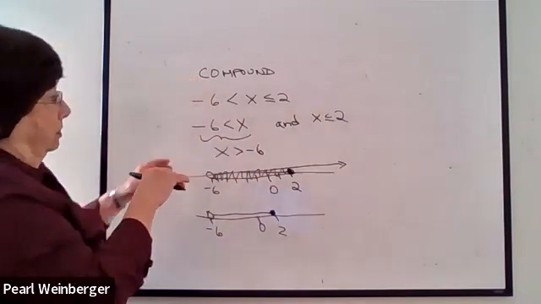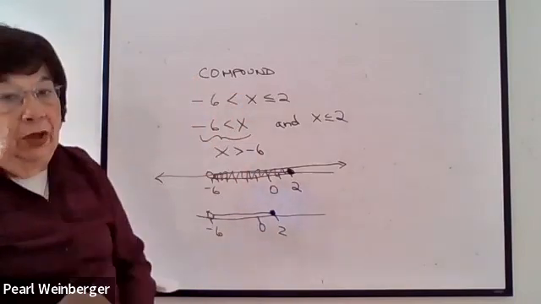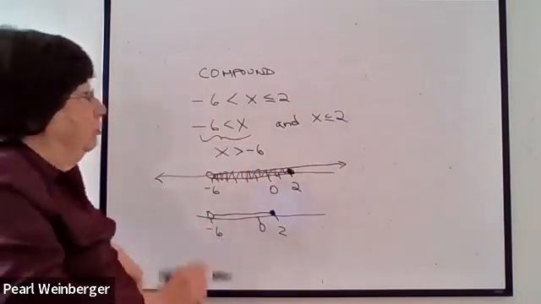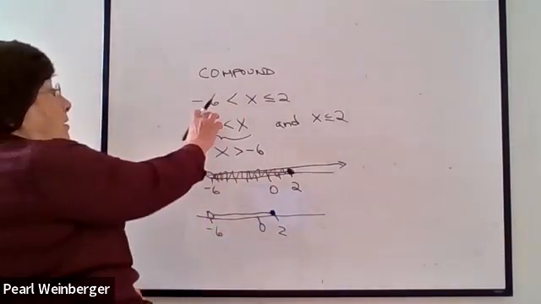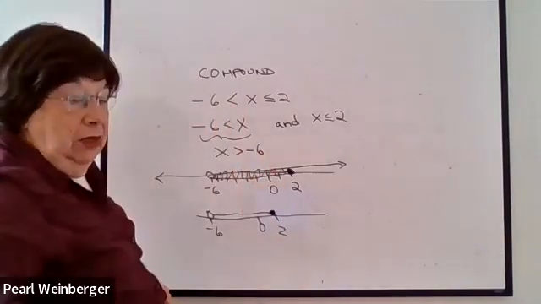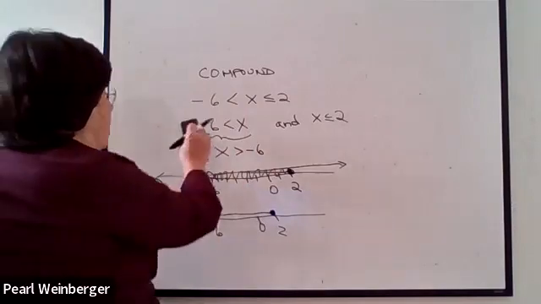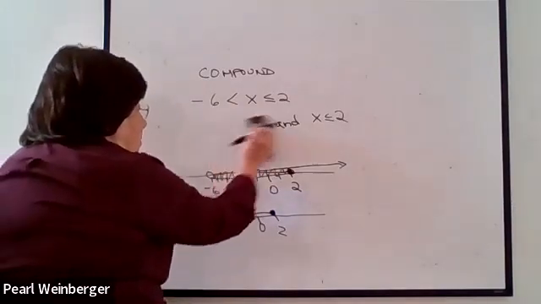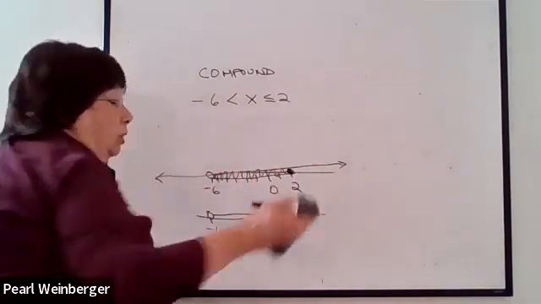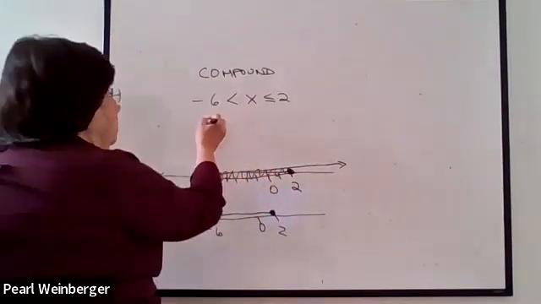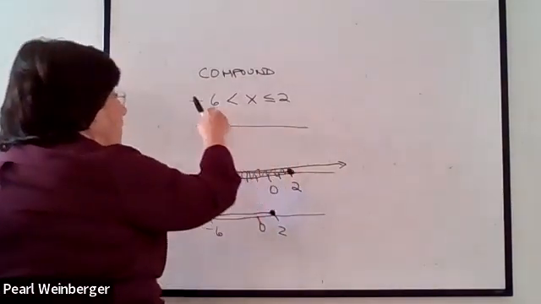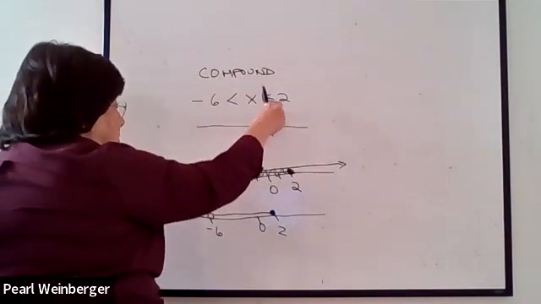Now notice, I gave you this whole long explanation, but if you think about it, this almost mimics, let me erase this so I can show you, this almost mimics the number line. That's why we use this.